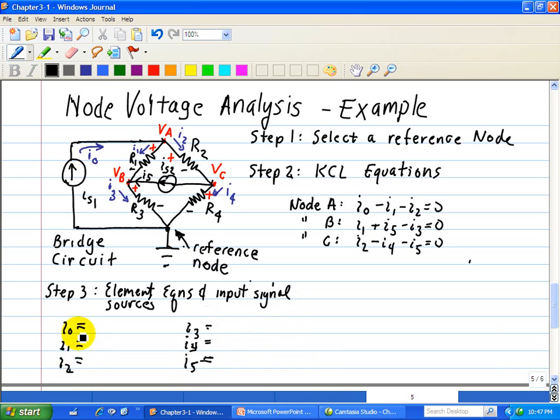Alright, for I0, that's simply IS1. And I5 is just IS2.